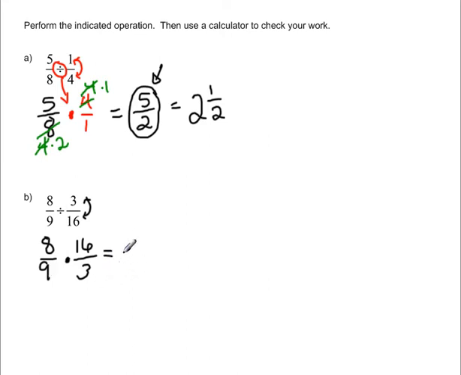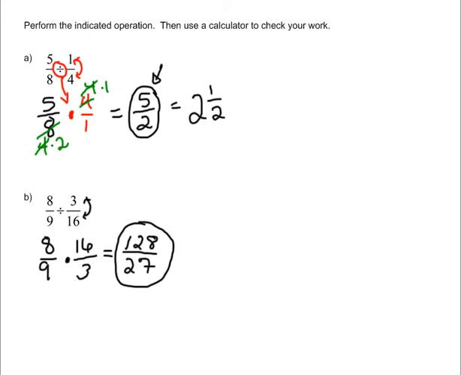And so we just need to go ahead and multiply straight across. And 8 times 16 is going to give me 128. And in my denominator, 9 times 3 is going to give me 27. And so again, fine to just leave it as the improper fraction, and in fact that's preferred.